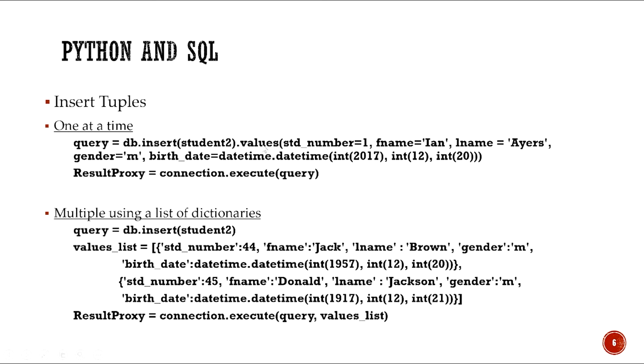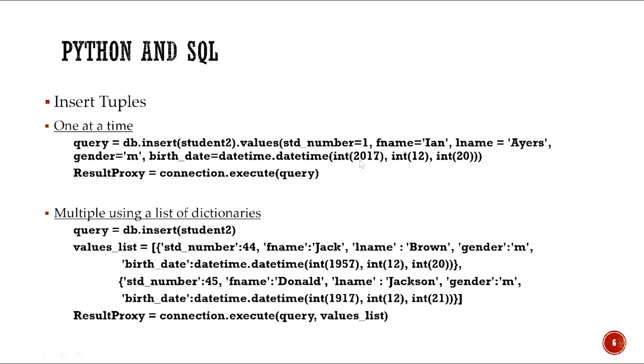Dot values. Now we want to assign values to this table, and now you can see why the syntax using SQLAlchemy is more similar to Python syntax. And then for values, a student number, let's say, is equal to 1. First name is Ian, last name is Ayers, and gender is M. Birth date: we import the datetime module first, and then the function is also datetime.